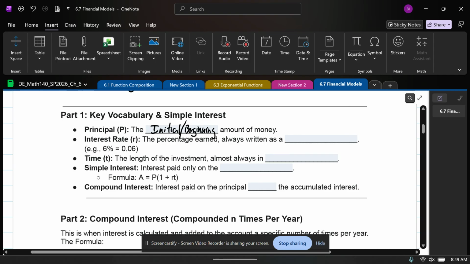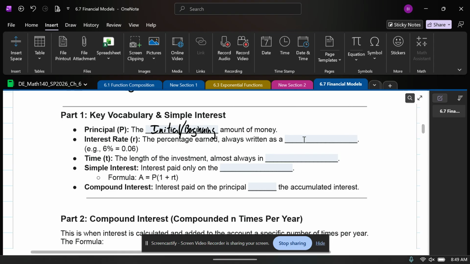The interest rate, it's always going to be written as a decimal. So they're going to give you that interest rate as a percent. We want to convert that into a decimal. So we're moving the decimal place 2 places to the left from the percent to get that in decimals. Like 6% is 0.06. So be careful of that. That's a pretty common thing. We just get in a hurry and forget to do that.